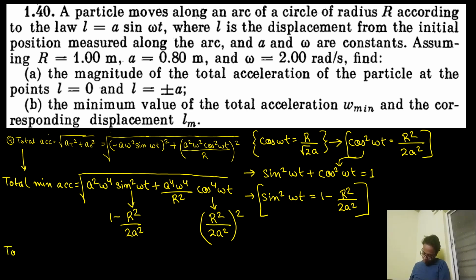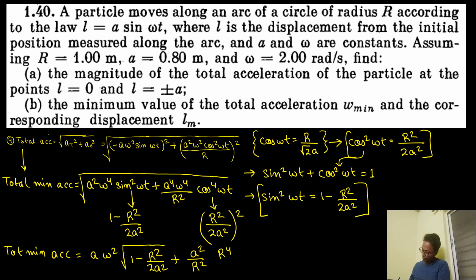So total minimum acceleration is equal to how much? It is equal to a omega square into 1 minus r square by 2a square, which is equal to sine square omega t, plus I have taken a square omega to the power 4. So remaining is a square by r square into r to the power 4 by 4a to the power 4.